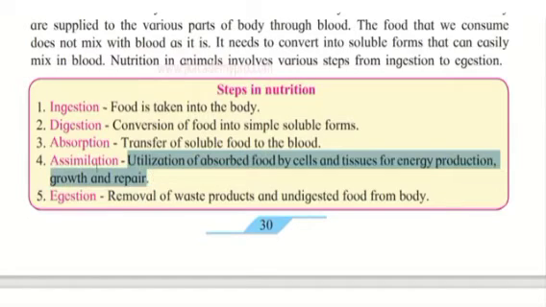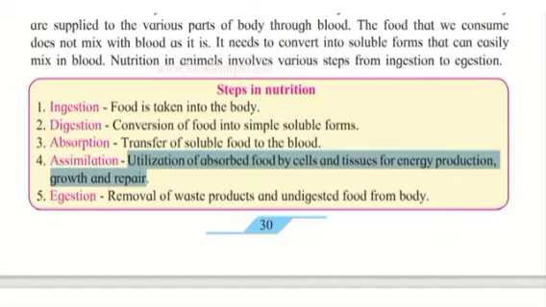So this is assimilation, wherein the cells and tissues take this soluble food that the blood is supplying and start using it for the production of energy, for growth, and for the repair of the various cells and tissues.